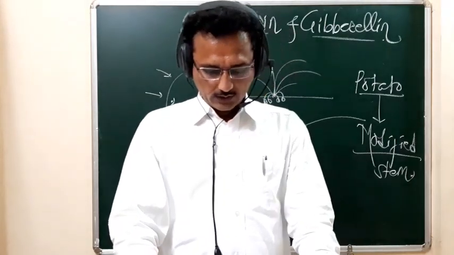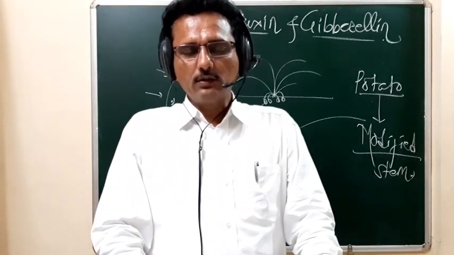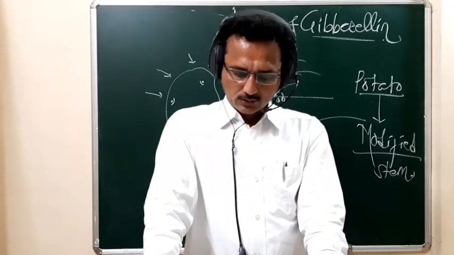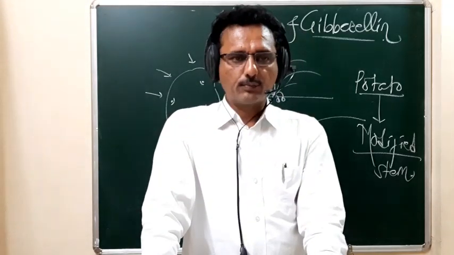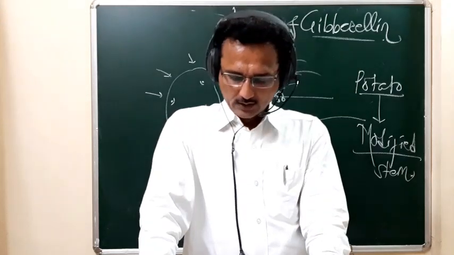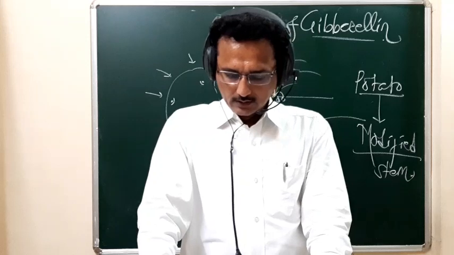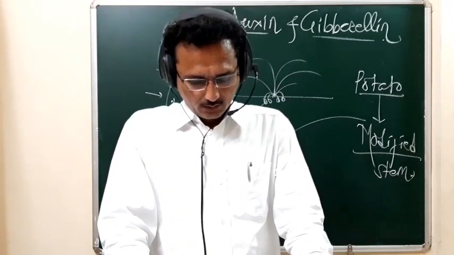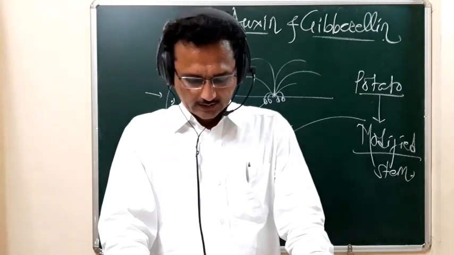The first option auxin, second cytokinin, third ethylene, and the fourth option all of these. These three growth regulators take part in the formation of female flowers. So all of these, the fourth option, is your correct answer.